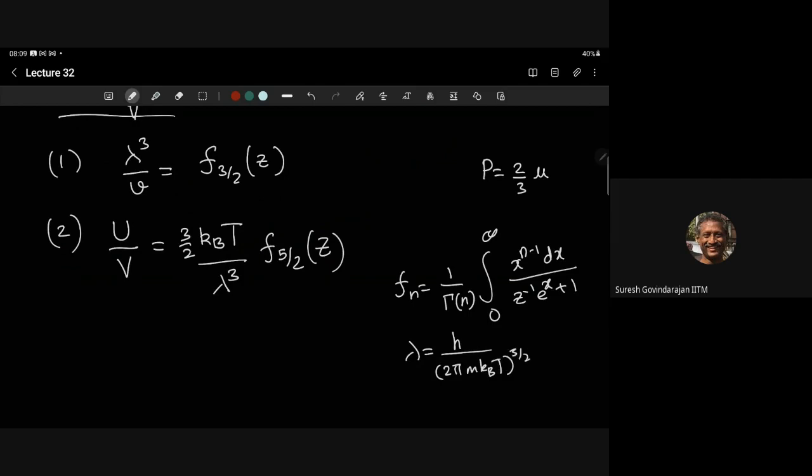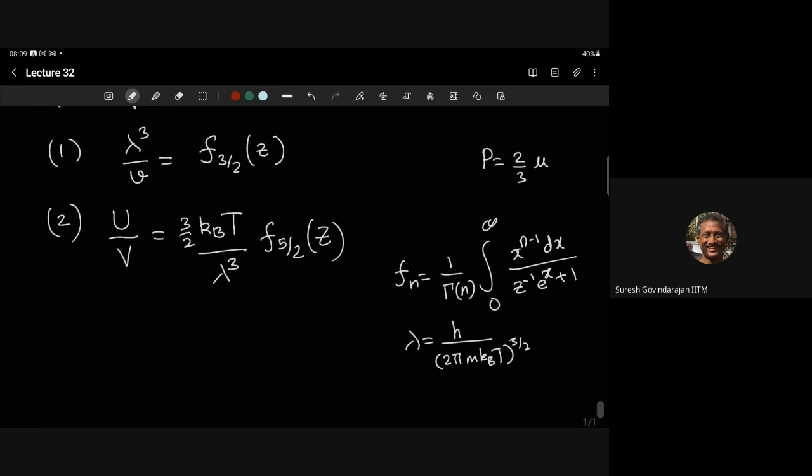So we have these two expressions, and what I will do is divide the second expression by the first, so let me just do that. I'll write that as 2 prime.